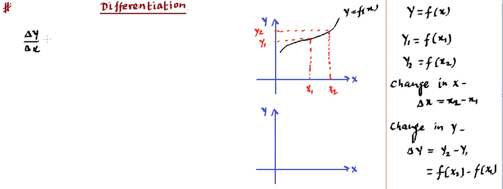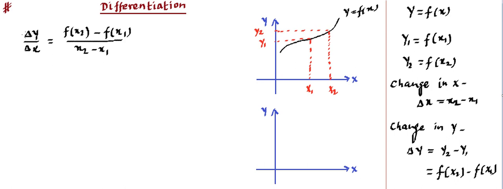Now this expression, as per the notations that we have carried forward, is going to be equal to the function's value at x2 minus the function's value at x1, divided by x2 minus x1. Here we are simply using this mathematics and trying to form a meaningful expression for change in y upon change in x.